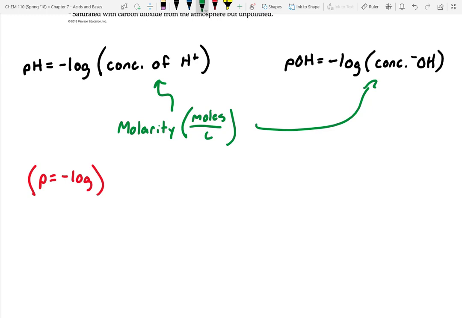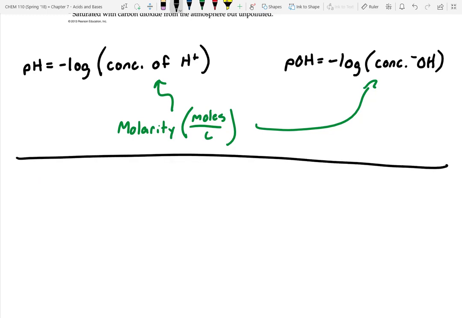All right. There's also the flip that you can do. So I'm just going to erase this for the time being. So let's say we have the pH, but we want to find the concentration. We've got to do the opposite mathematical formulation, which means we need to find out the concentration of H+ would be equal to 10 to the negative pH.